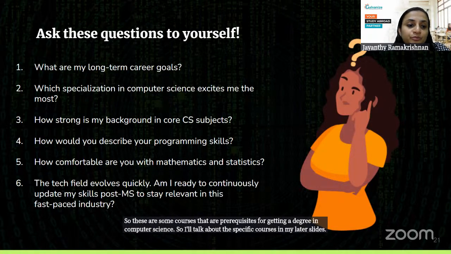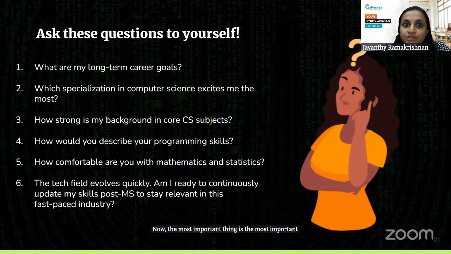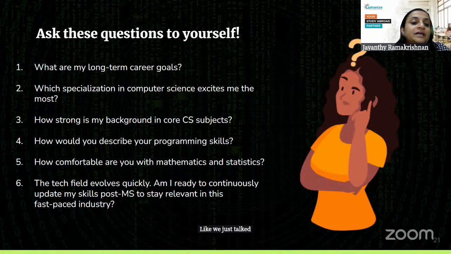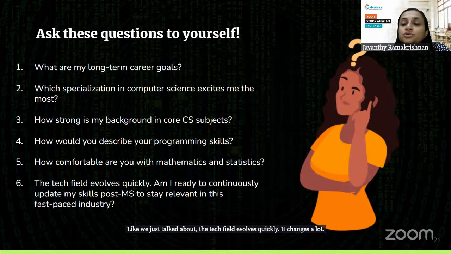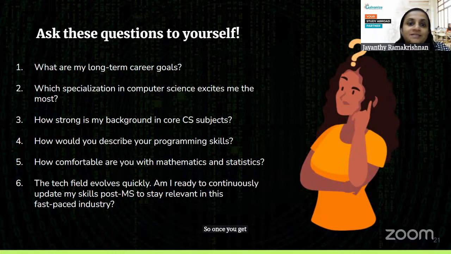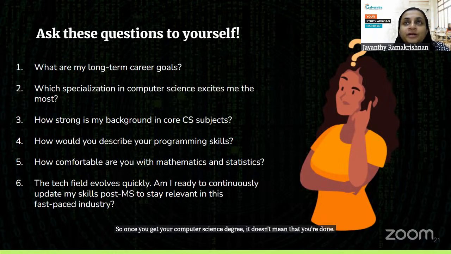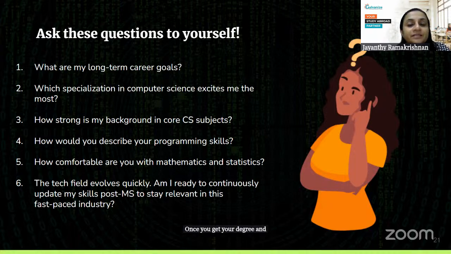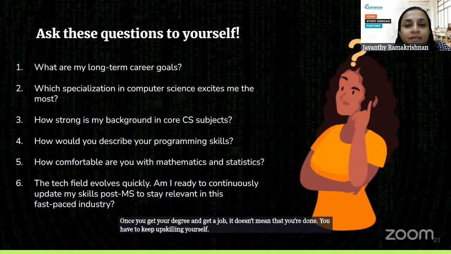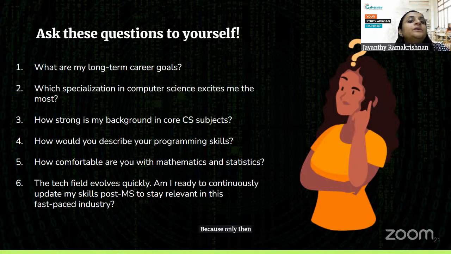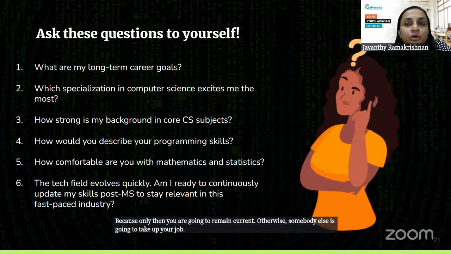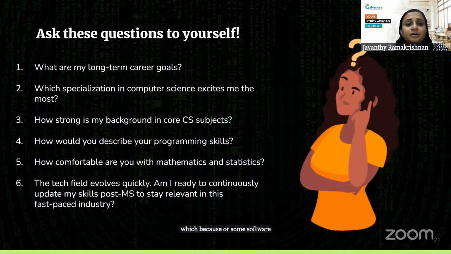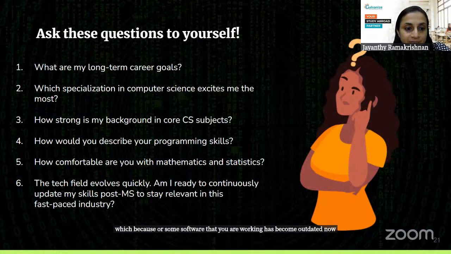Now, the most important thing is, like we just talked about, the tech field evolves quickly. It changes a lot. So once you get your computer science degree, it doesn't mean that you're done. Once you get your degree and get a job, it doesn't mean that you're done. You have to keep upskilling yourself, because only then you are going to remain current. Otherwise, somebody else is going to take up your job, or some software that you are working on has become outdated now and something better has replaced it.